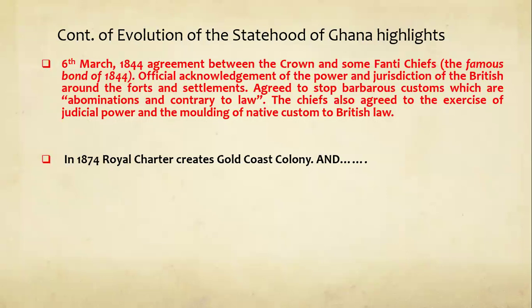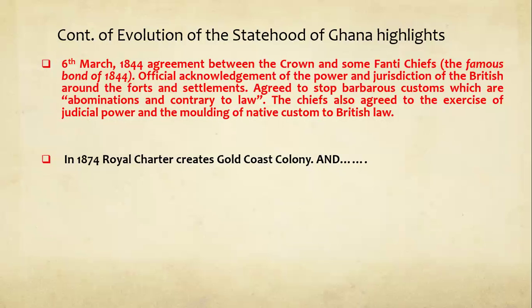Another important development is that on 6 March 1844, a major effort was made to consolidate, that is to put together, all the various friendship treaties which had been signed with the coastal states.